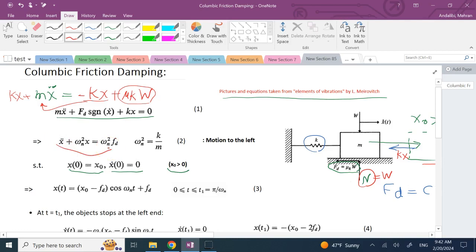If you divide both sides of it by m, not by k, sorry, you have to divide by m, so this guy becomes 1, and this is going to be like that. And W over m, you know that's g, so that whole thing is going to be mu k times g.